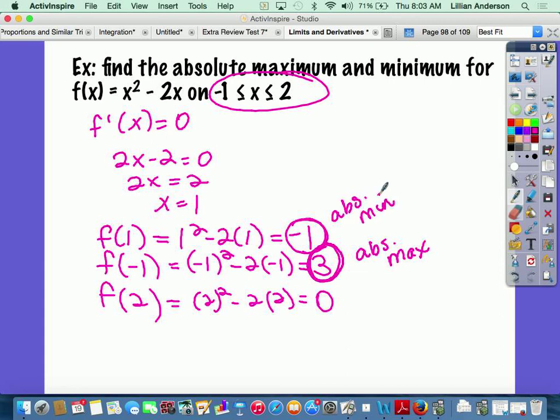Okay? And those are actually my specific y values that represent those absolute maxes and mins. So my absolute minimum occurs at 1, negative 1, and my absolute max occurs at negative 1, 3.